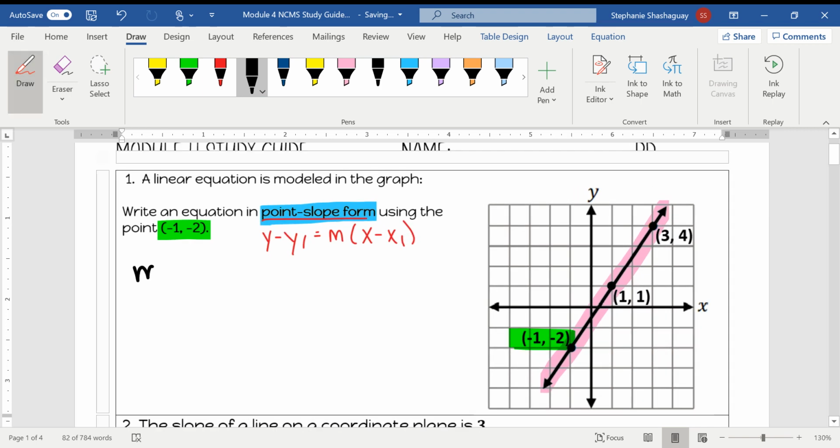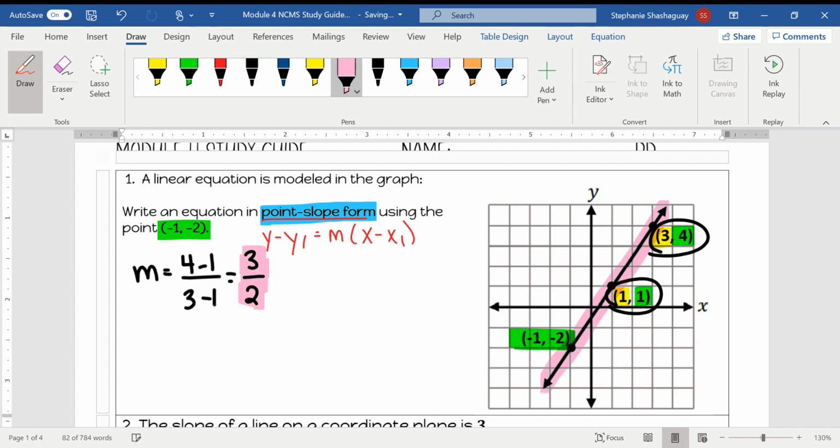So to find the slope, we're going to take these 2 points, but it doesn't matter which points we choose, and we're going to do our y2 minus y1, so that's going to be 4 minus 1 over our x minus the other x, which would be 3 minus 1. So 4 minus 1 is 3, 3 minus 1 is 2, so my slope is 3/2.